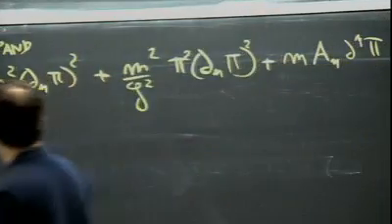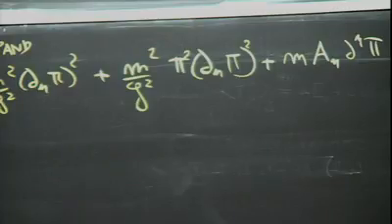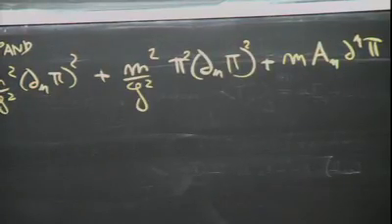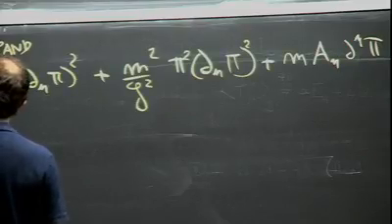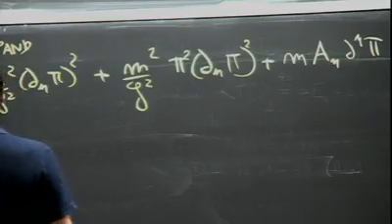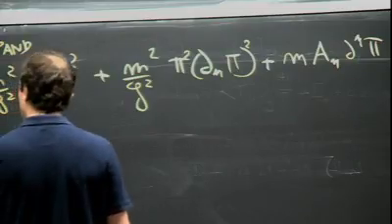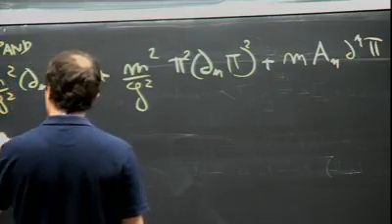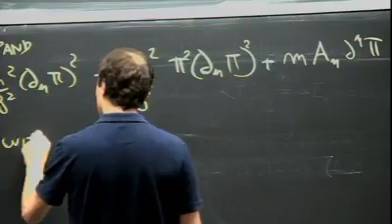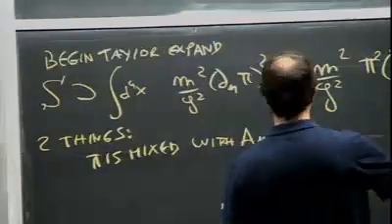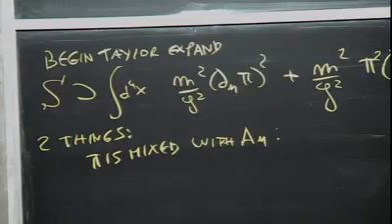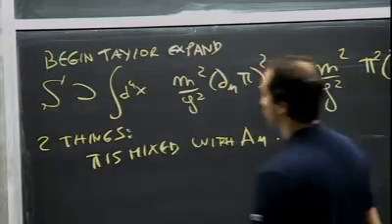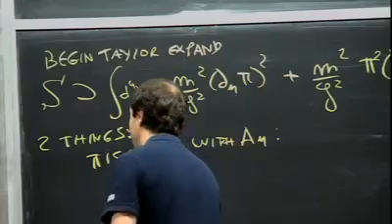Now, if you look at the pi Lagrangian, there are three things to notice. Pi is mixed with A_mu by this term. First of all, pi is not canonically normalized.